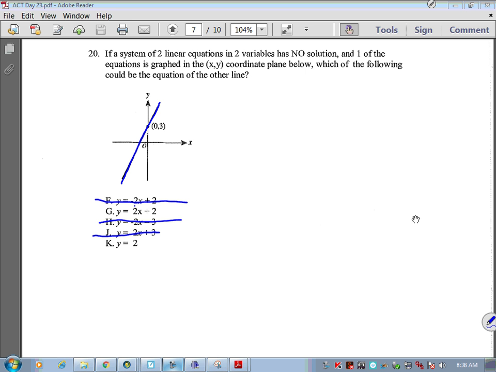Y equals 2 is a horizontal line right here, which means eventually it would cross, so it can't be that one. The only one that works as a possibility is G, 2x plus 2, because it has a different y-intercept and a positive slope, so it potentially could be a parallel line. Does that help you out? All right.